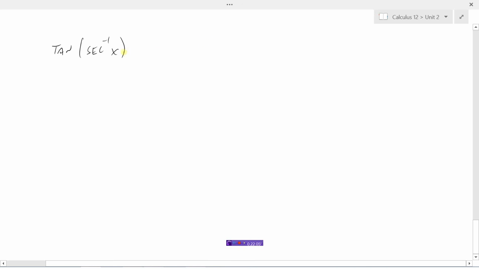So this would be the secant ratio, because we take inverse secant or inverse tan, whatever, of ratios. So these are ratios here. So in a triangle, secant is the reciprocal of cosine. Cosine's adjacent over hypotenuse, so this must be hypotenuse over adjacent.